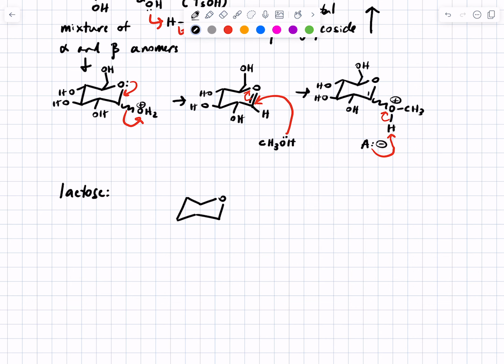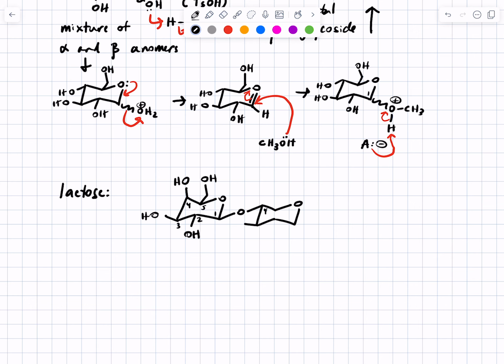Lactose involves, on the left-hand side, a galactose unit. You can tell that this is galactose because, except I can't count, the OH group is up on carbon 4. In galactose, C1 is bonded to an oxygen, but that oxygen itself comes from C4 of a different carbohydrate unit.